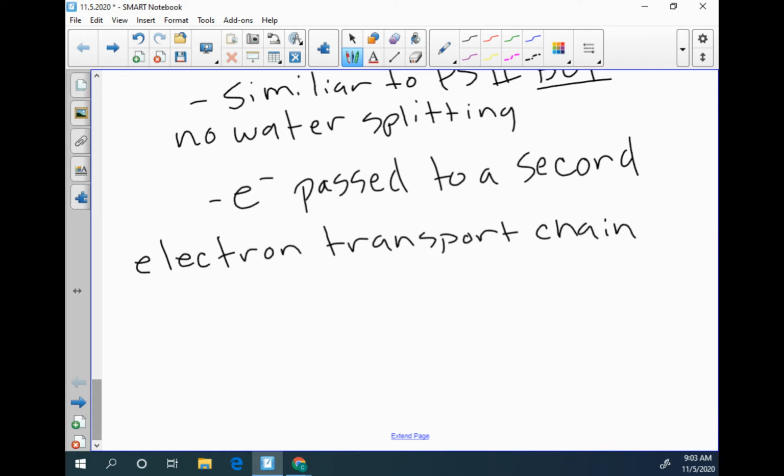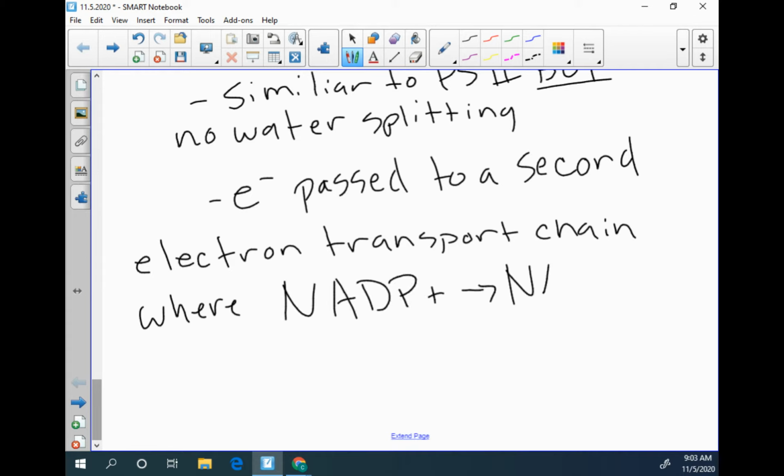And in that electron transport chain, we take the energy from those electrons and turn NADP plus into NADPH. If you want to put the little energy lines around it, now we are energized.